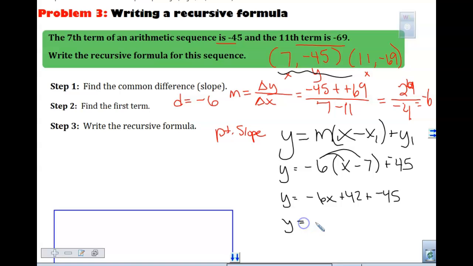Slope-intercept form of this equation is negative 6x minus 3. Correct? By adding like terms. They said we need the first term. What do I replace x with to find the first term? x has to be 1, and I'm going to find y.